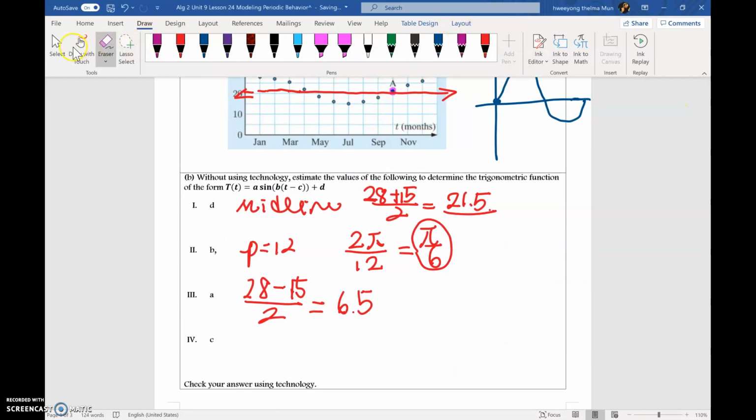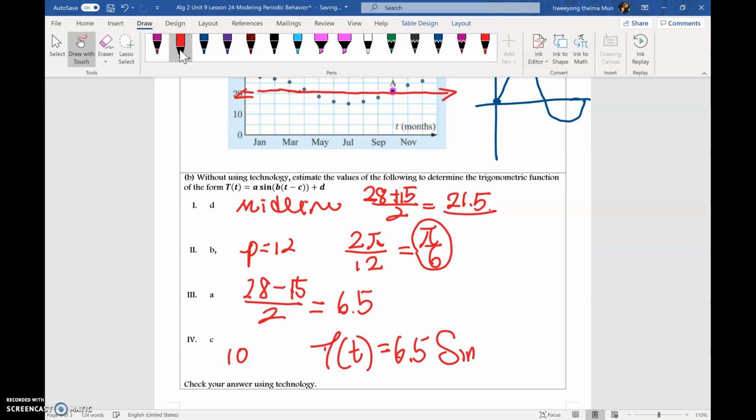So let's write the equation down now. C is going to be 10. So our equation is going to be T of t. The amplitude is 6.5 sine of our frequency, which is pi over 6.